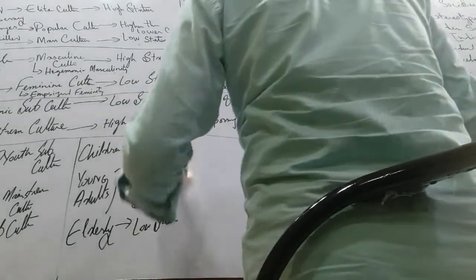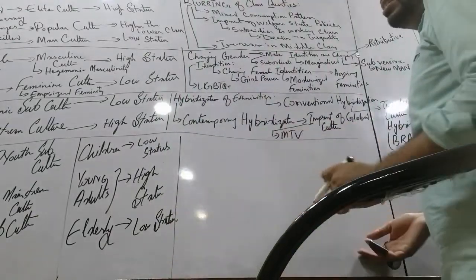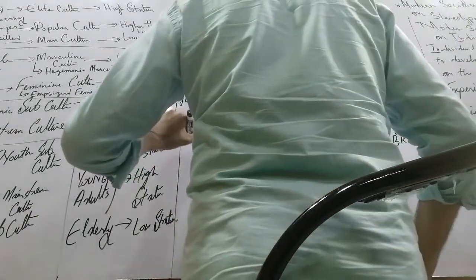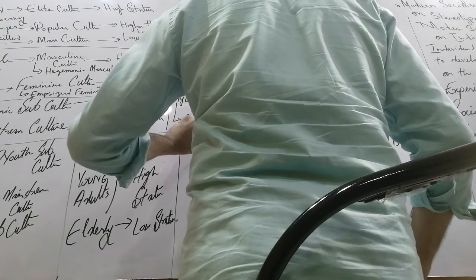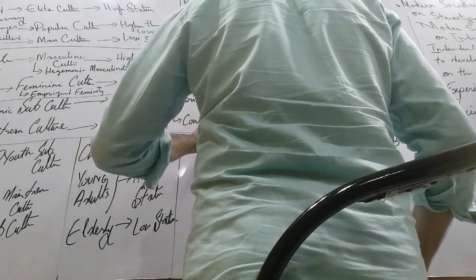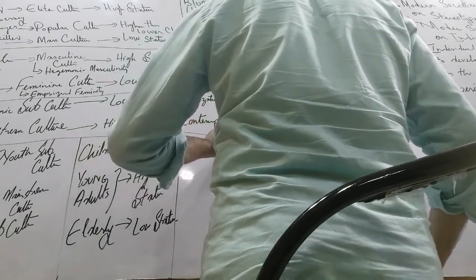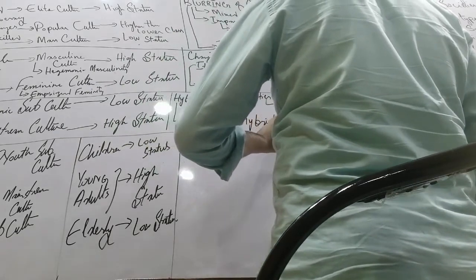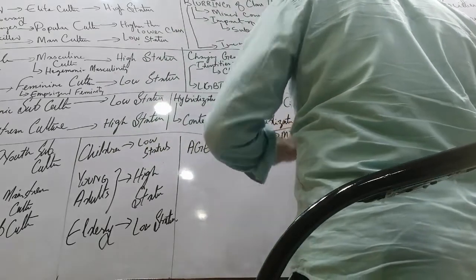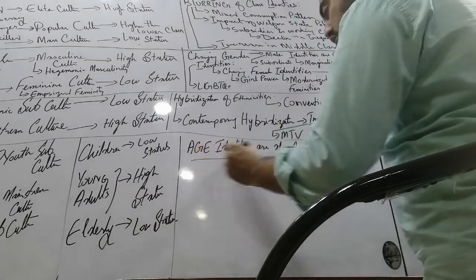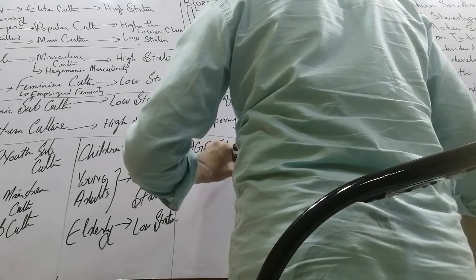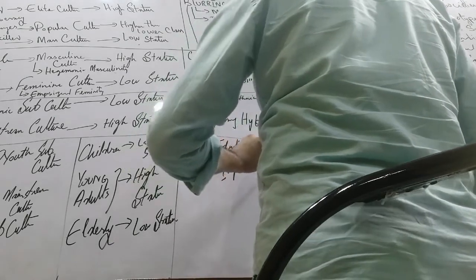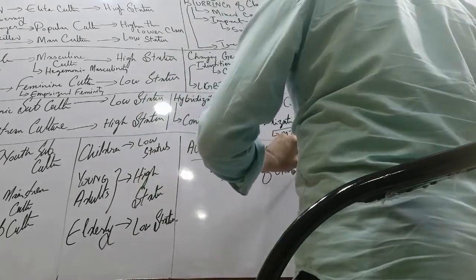So this is more about the hybridization of ethnicities, and age identities are also changing. Age identities are also changing due to what? The first thing is the impact of global culture.